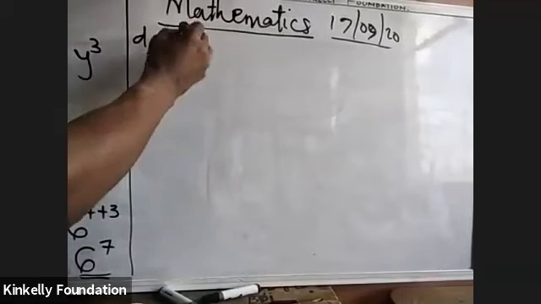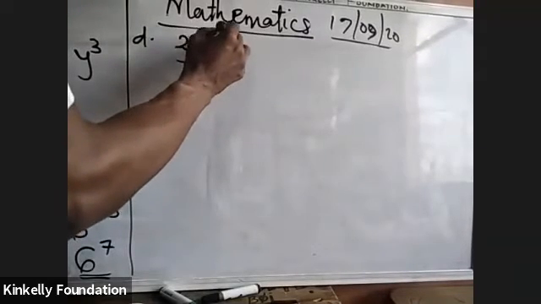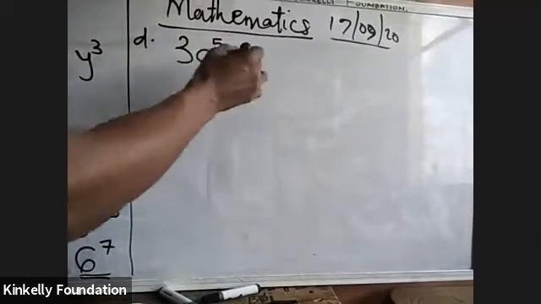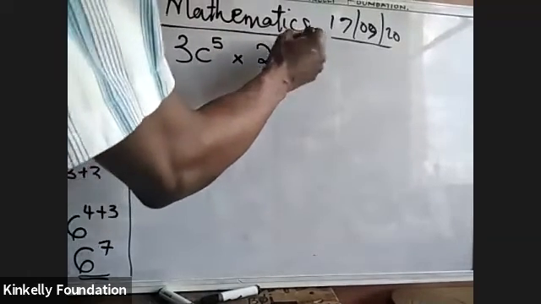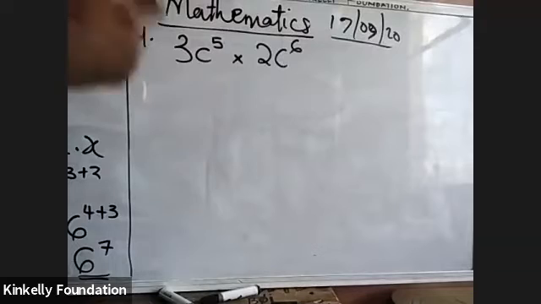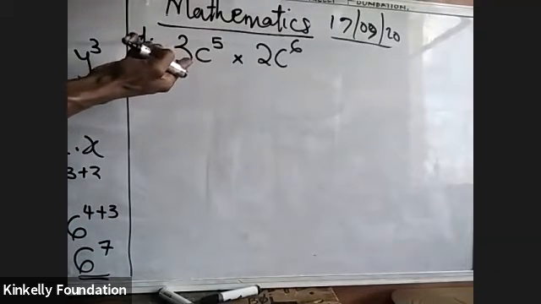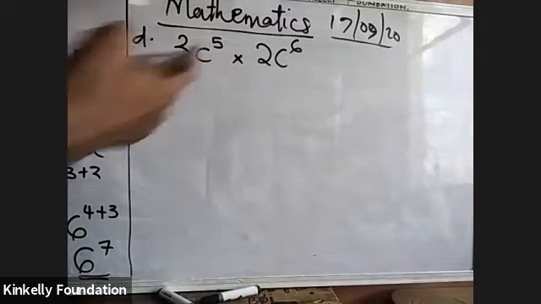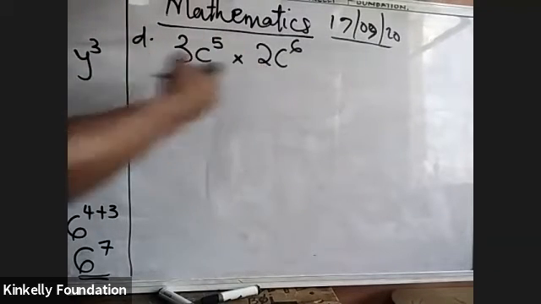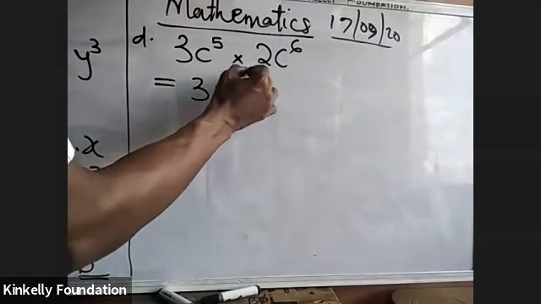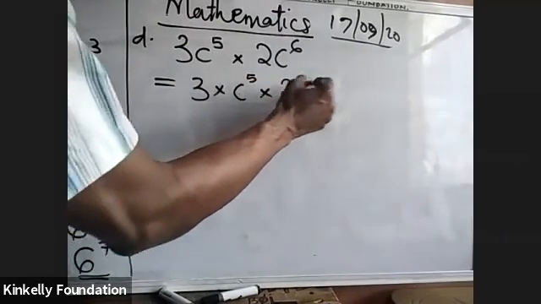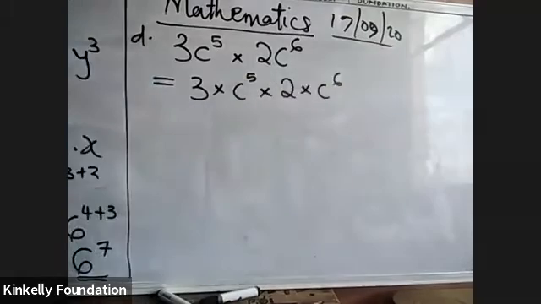If you have something like 3c raised to the power 5 times 2c raised to the power 6, you notice that we have 3 here and 2 here. So you can easily open it up to give us 3 times c to the power 5 times 2 times c to the power 6.